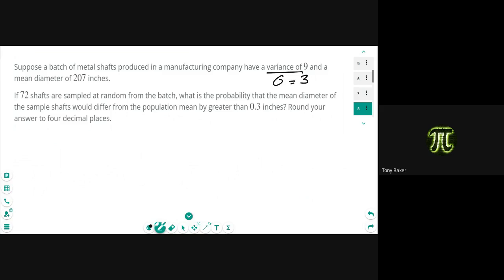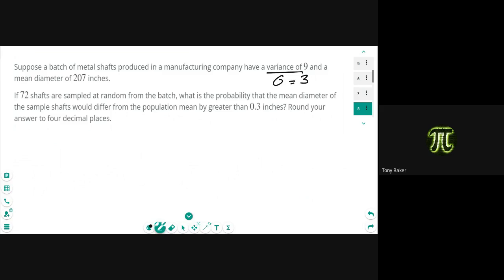If 72 shafts are sampled at random from the batch, what's the probability that the mean diameter of your sample shafts would differ from the population mean by greater than 0.3 inches? So we're looking for the population.